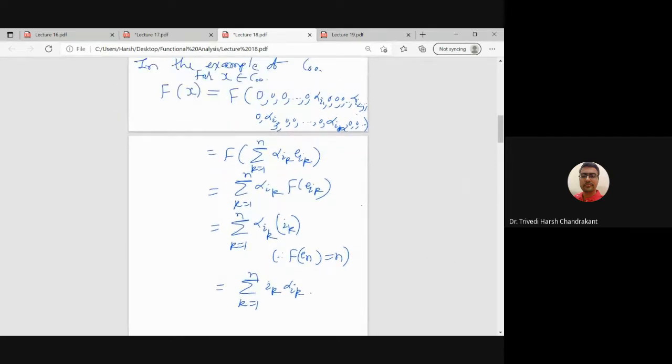So basically what is happening, we consider this coordinate set x1, x2, up to xn.